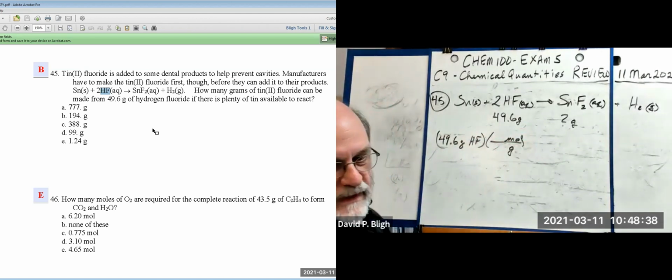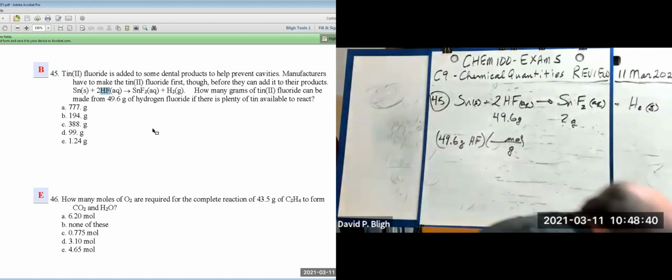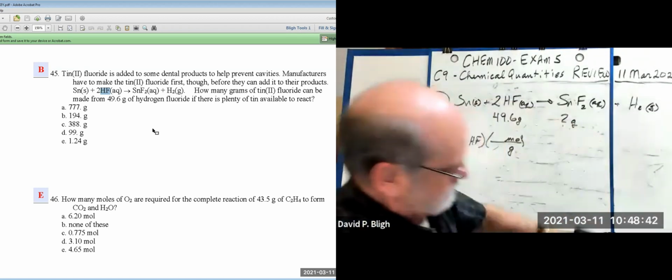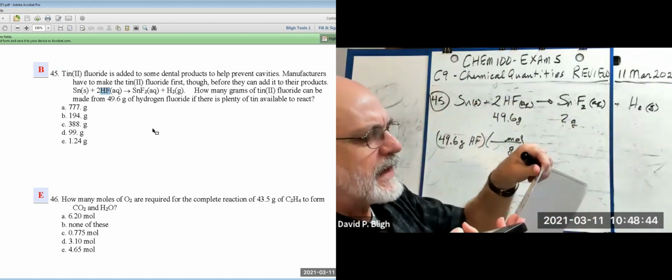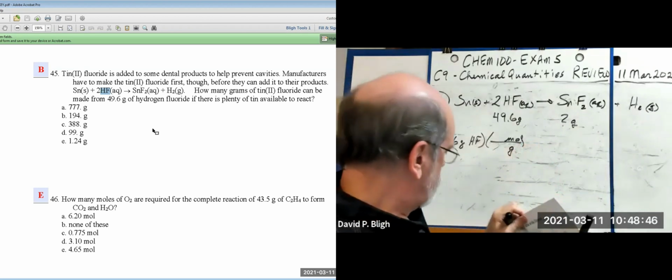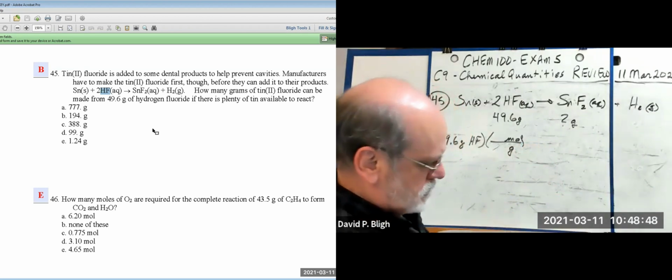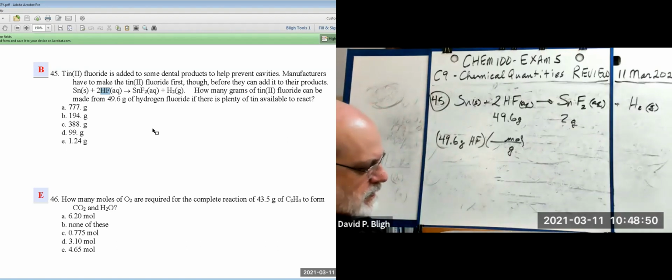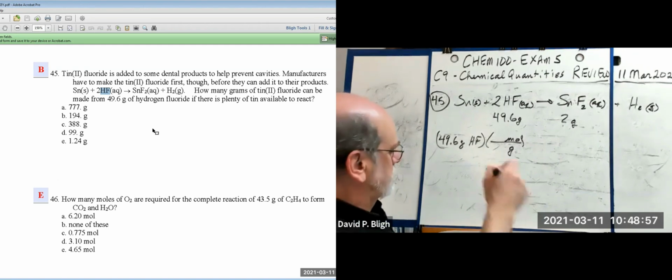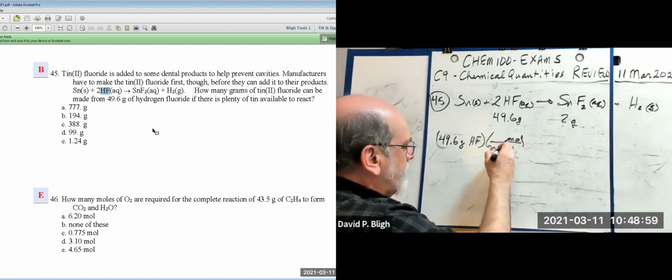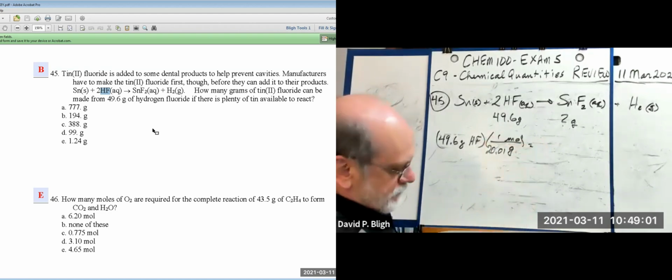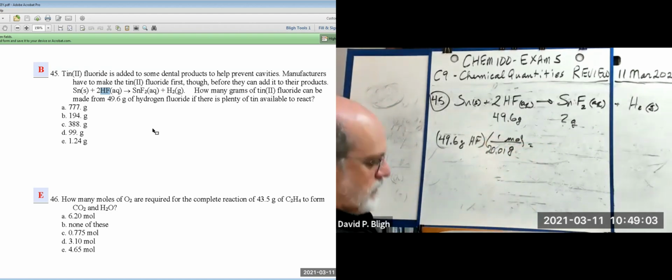Okay. So we need hydrogen plus fluorine. Fluorine is 19.00, and then hydrogen is 1.01. So that's 20.01. Okay.